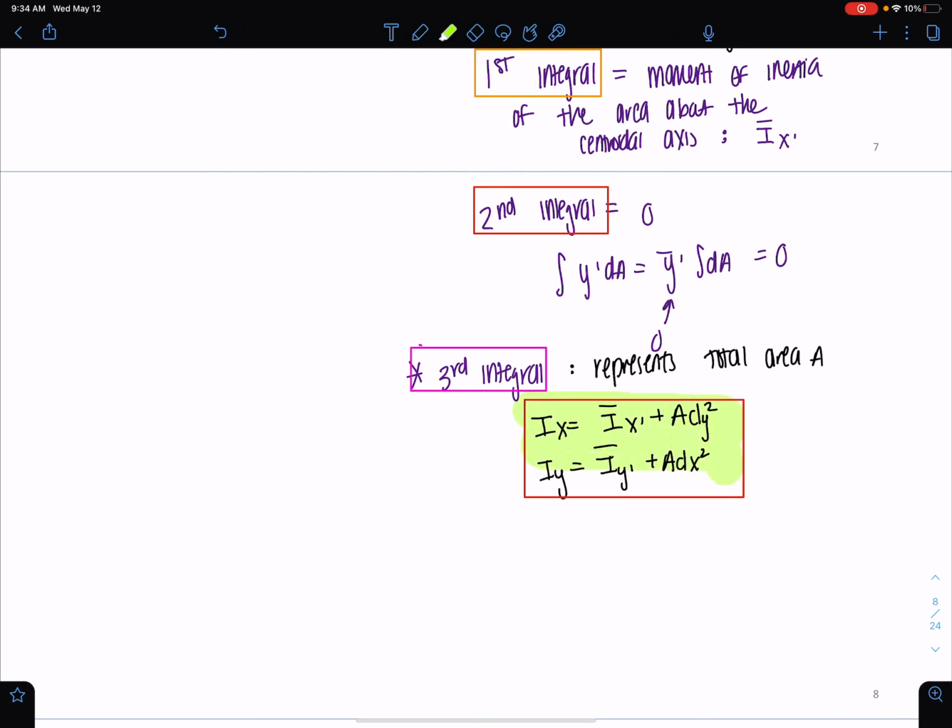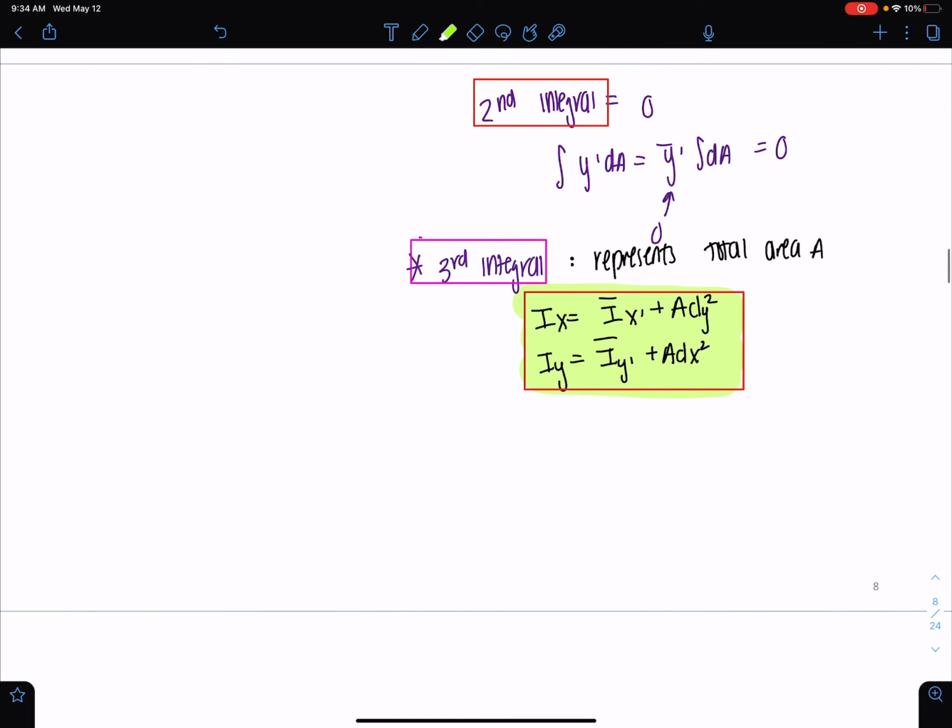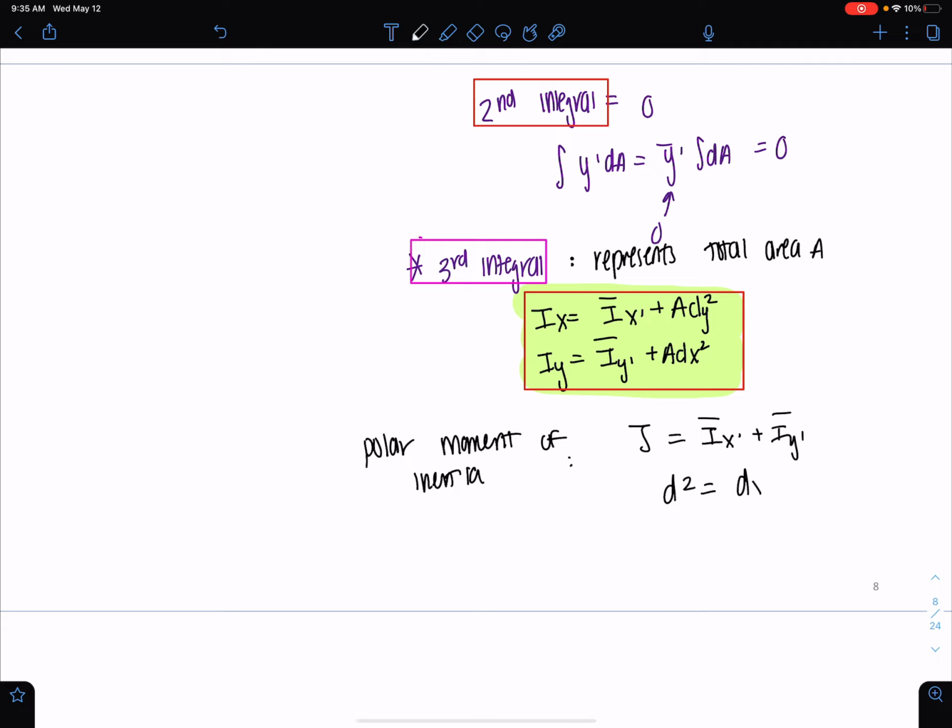This third integral is where stuff gets really interesting. For our polar moment of inertia, we have J equals Ix prime plus Iy prime, and we know d squared equals dx squared plus dy squared.